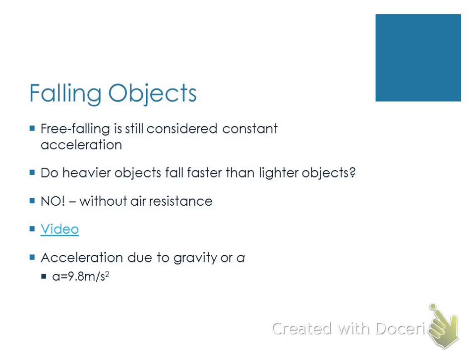We're still going to use our coordinate systems here to think about positive direction, negative direction. So since gravity is always pulling us down, our acceleration due to gravity in the vertical direction is always negative 9.8 meters per second squared. That's always going to be your acceleration for objects in the vertical direction.